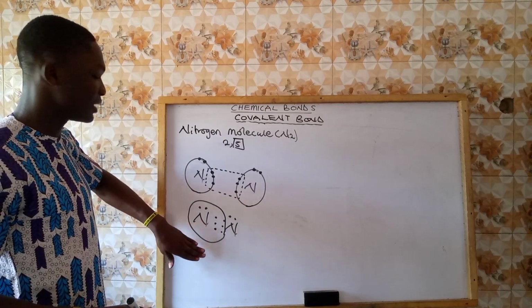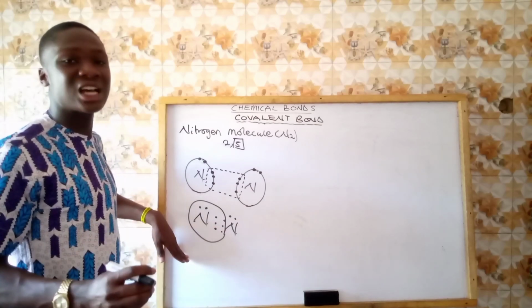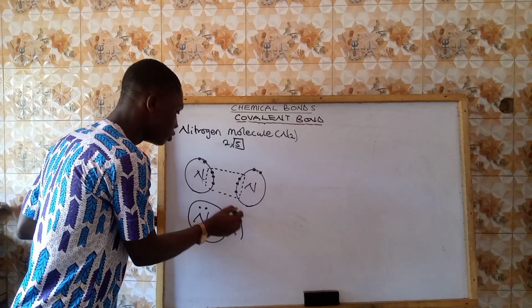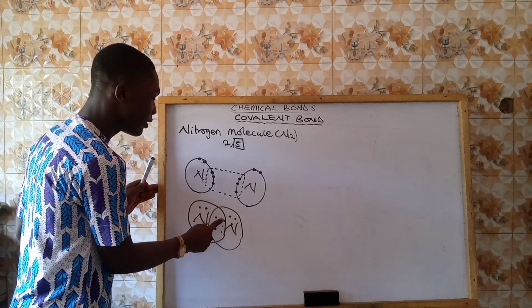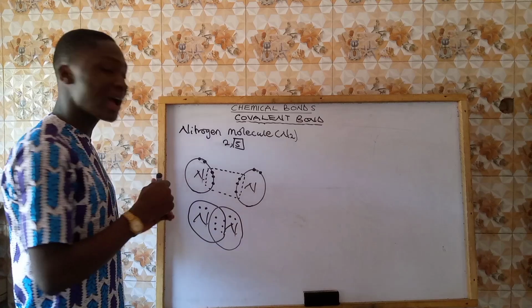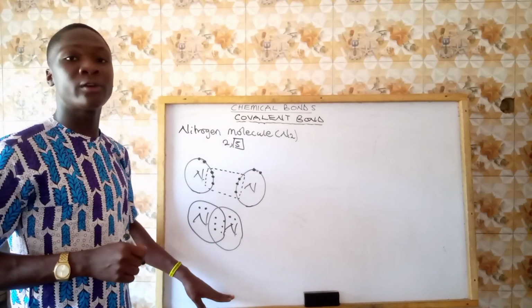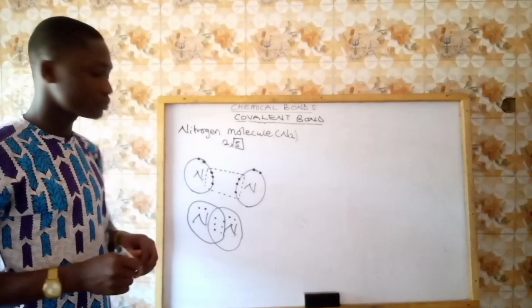Now this one is stable because it has 8 electrons in the last shell. It has fulfilled the octet rule. And this one too is also stable because it has 1, 2, 3, 4, 5, 6, 7, 8 electrons in its last shell. Now it has also fulfilled the octet rule. Now they are both stable.